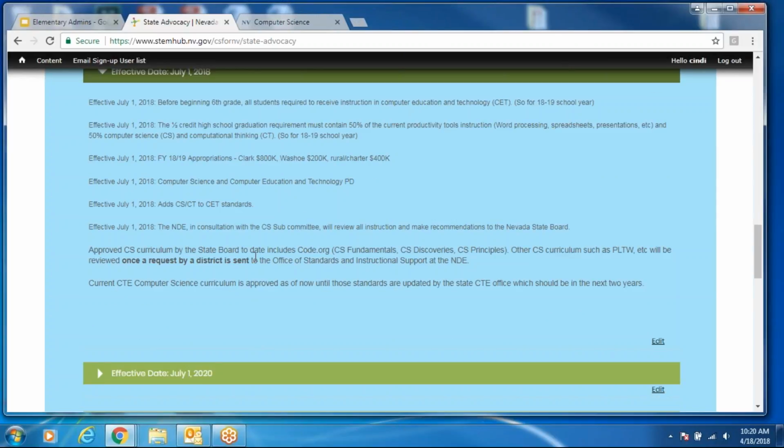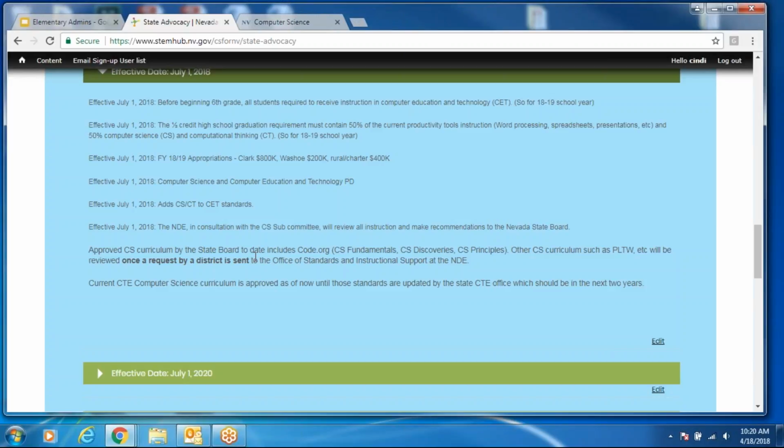Currently, the curriculum for computer science that the state board to date has accepted includes the code.org suite: CS Fundamentals for elementary, CS Discoveries for middle school, and CS Principles at the high school level.